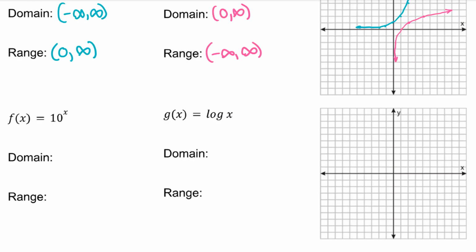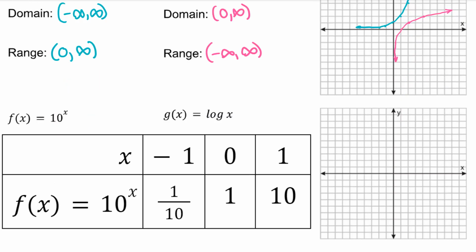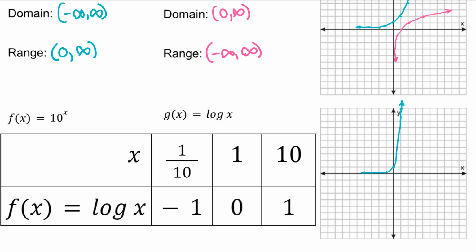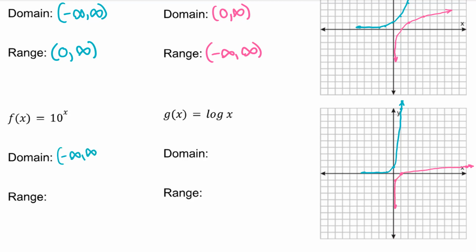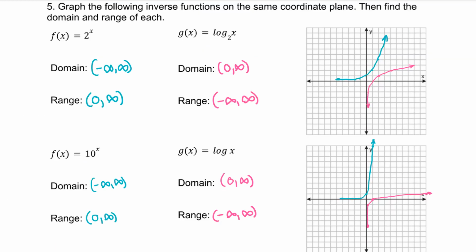To give a sketch for 10 to the x, I'm going to plug in -1, 0, and 1. Now swap those x and y points to get log of x. And here's our sketch of exponential and logarithmic inverses.